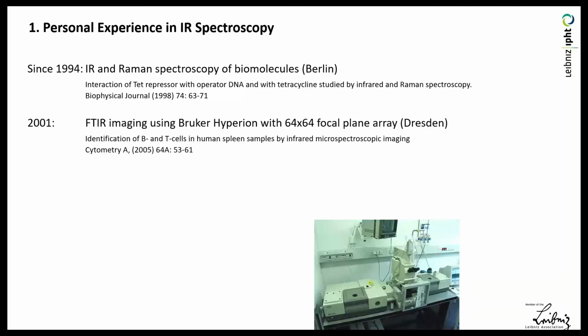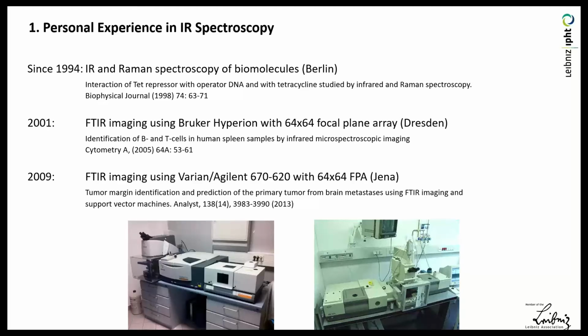Then here the first infrared imaging instruments in Dresden from Bruker, and then the one in Jena. This is an extension for a macro chamber, comparable to here. You can move the sample here also to the other chamber.